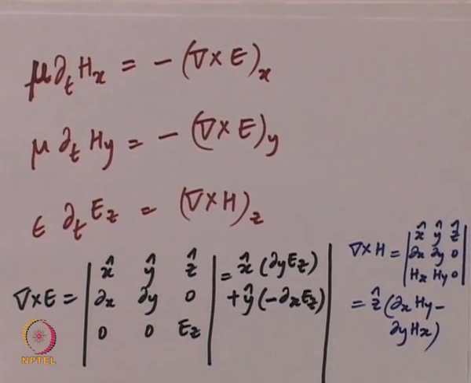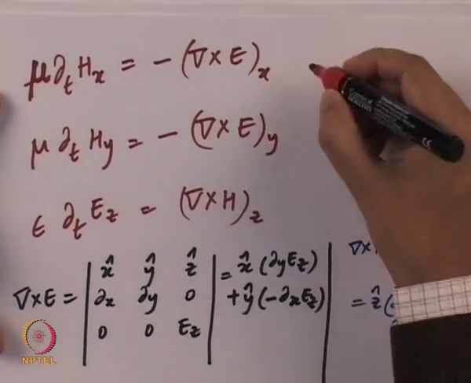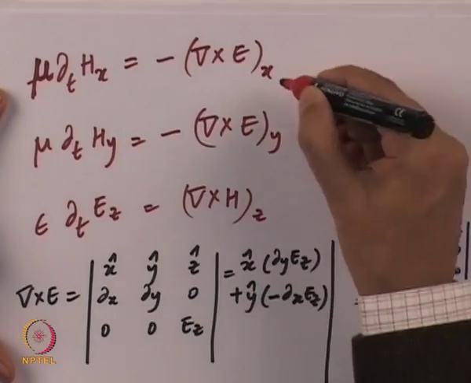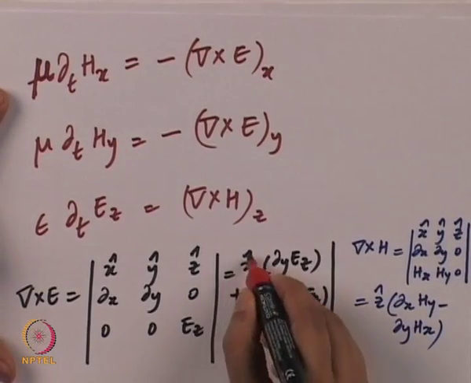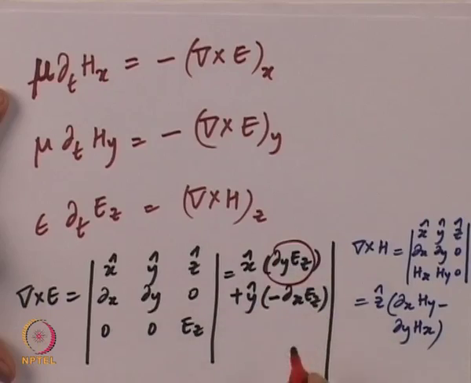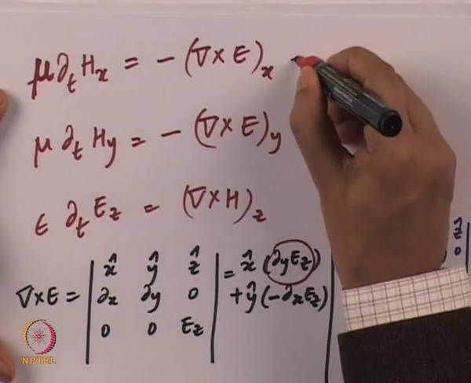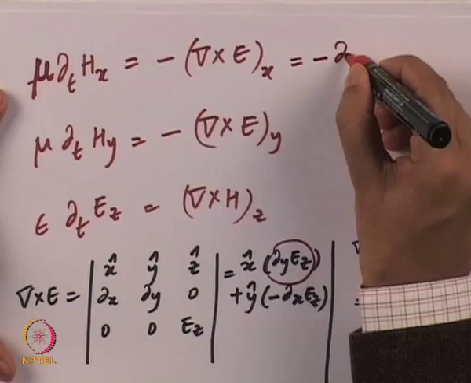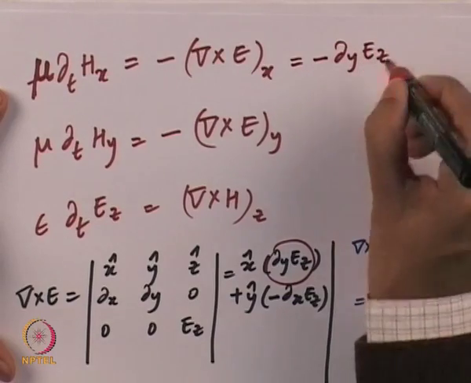So now I am going to plug all these components into the equation. For the first equation we take the x component, that is what I have written here. So this is going to be this term, and of course there is a minus sign, so I am going to write it as minus dou y Ez.